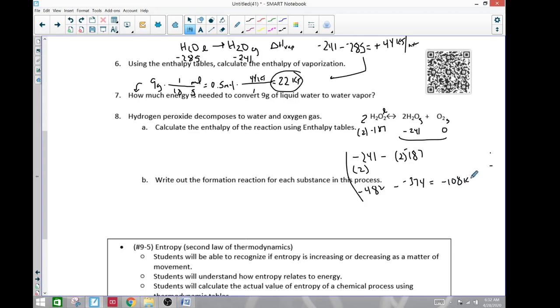Now that's kilojoules per reaction cycle. And because we have 2 here, that's for 1 mole to go through. I need 2 moles to go through. So the delta H for this reaction is 2 times that, which is a negative 216 kilojoules per reaction cycle.